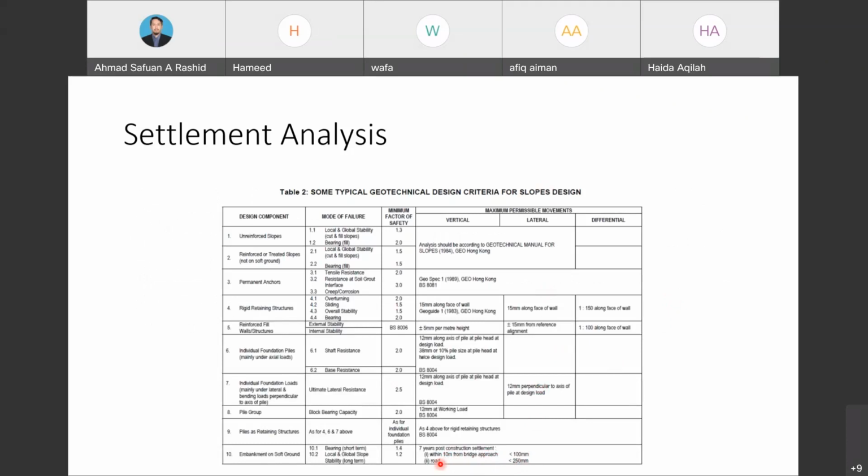On the road itself, for embankment, it should be less than 250. So we need to calculate for 7 years, and it should be less than the amount listed here. So that is for the settlement analysis.